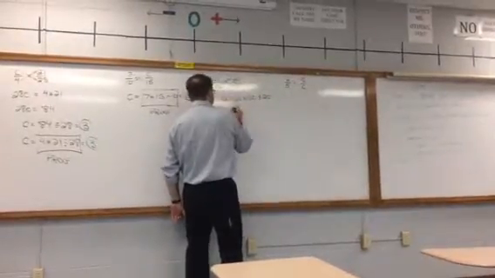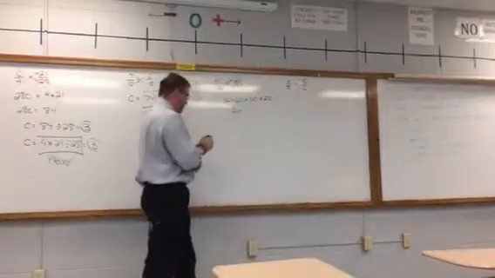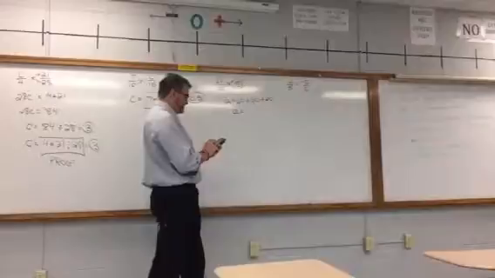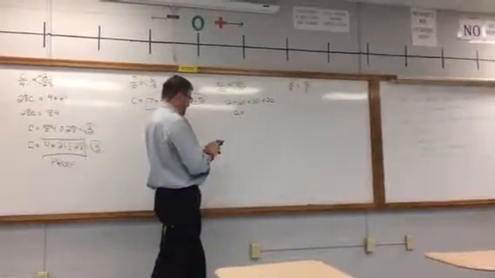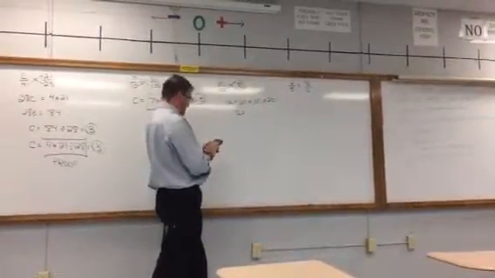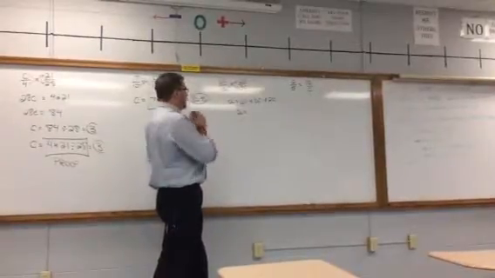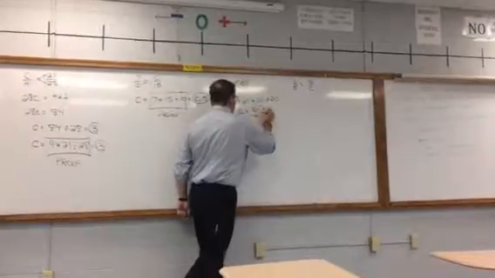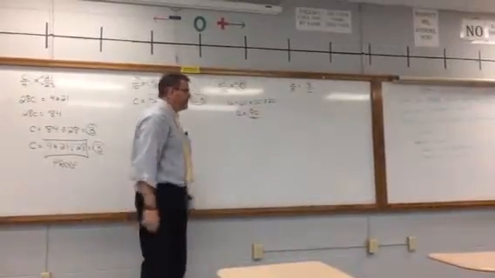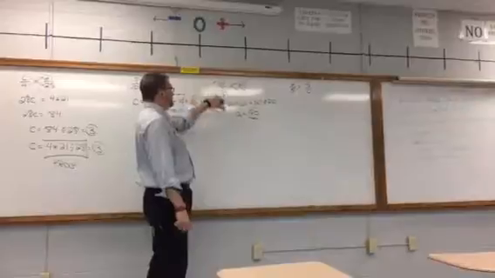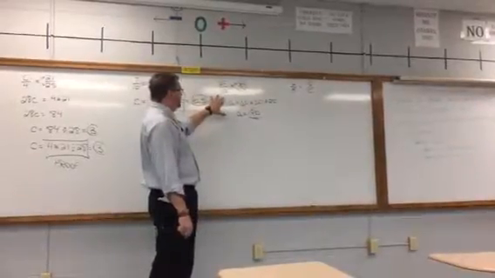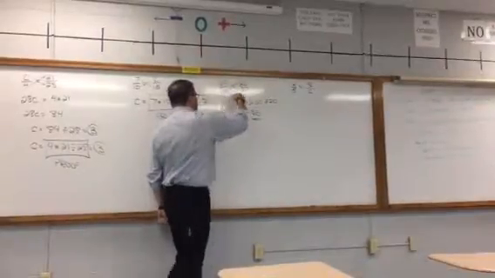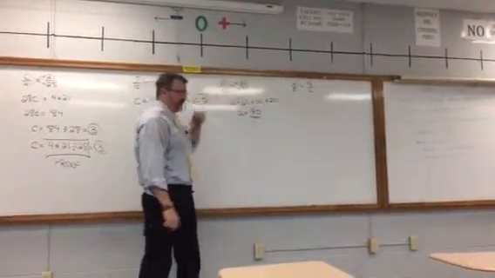About to run out of room, so I just come down here and say A equals, and I take my calculator, because once again, why make a careless mistake now? 60 times 30, divide that by 20, and I get 90. And if I'm not in a hurry, go back and just see, 60 and 90, and what do I divide 60 by to get 20? If I divide 90 by that same number, do I get 30?